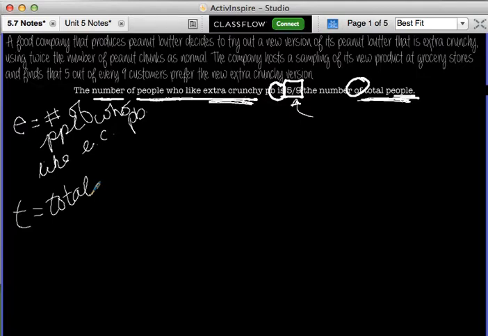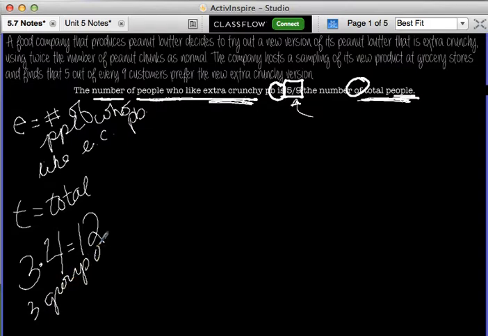So in this case, I want you to think of this problem. 3 times 4 equals 12. Okay, well, what if I said it this way? 3 groups of 4 is 12. It means the same thing, does it not?